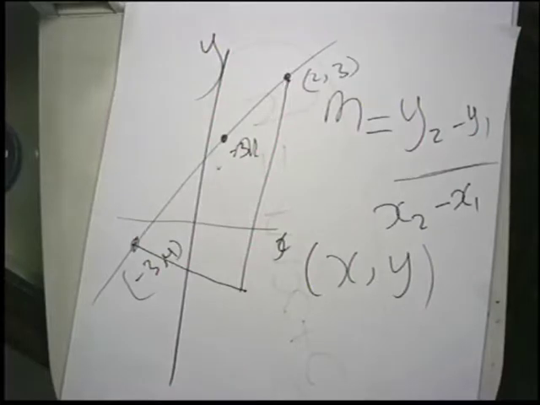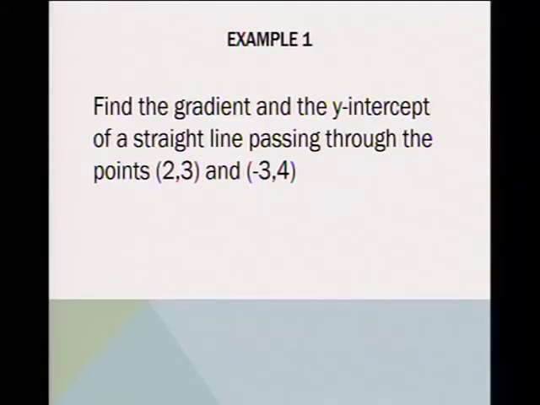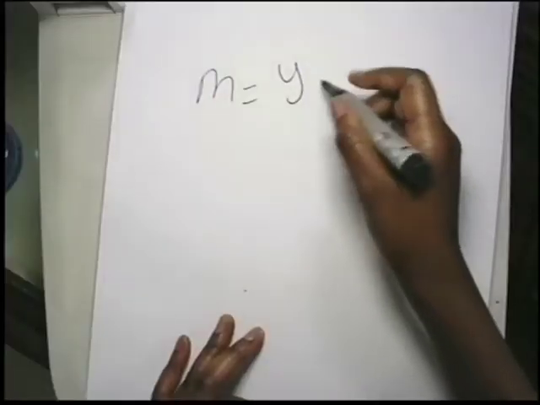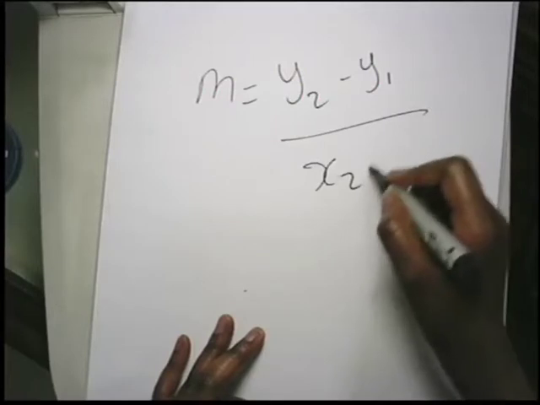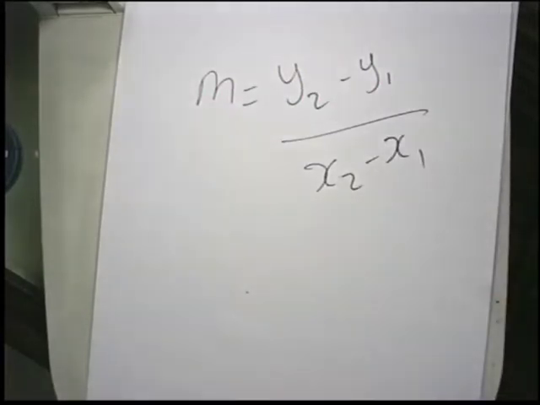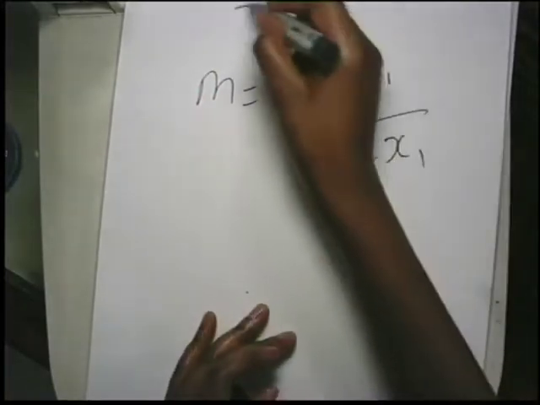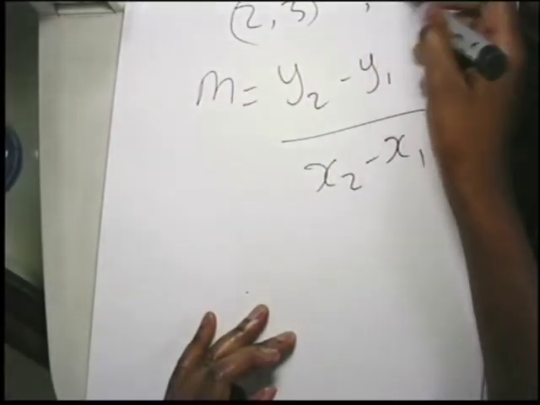All right. Now, what is the question? Find the gradient. To find the gradient, you use the formula m is equals to y2 minus y1 divided by x2 minus x1. Now you can decide which is the first point and which is the second point.